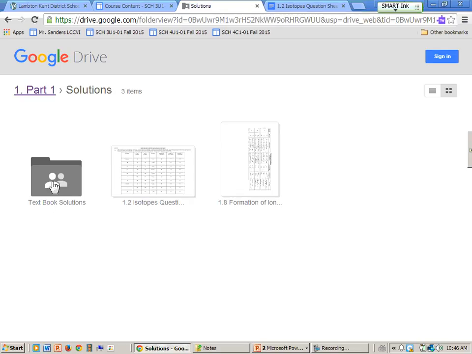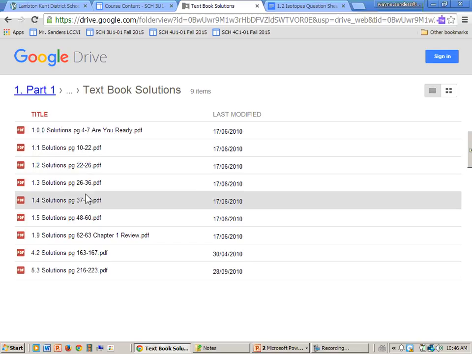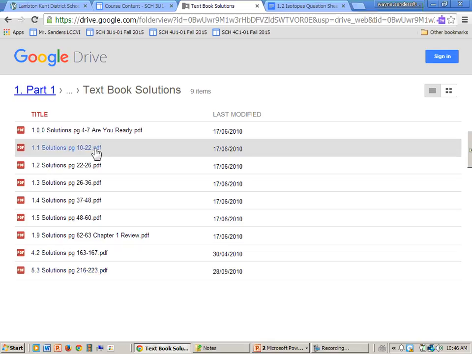Here it says textbook solutions. So you know how sometimes they've got the answers to the numbers right there in the column? That's awesome. If it's a longer written out question that they don't have the answers right there, you can find the textbook solutions by looking at what page number it is. You can see I've got it broken down to the page numbers, all right, where to find it.